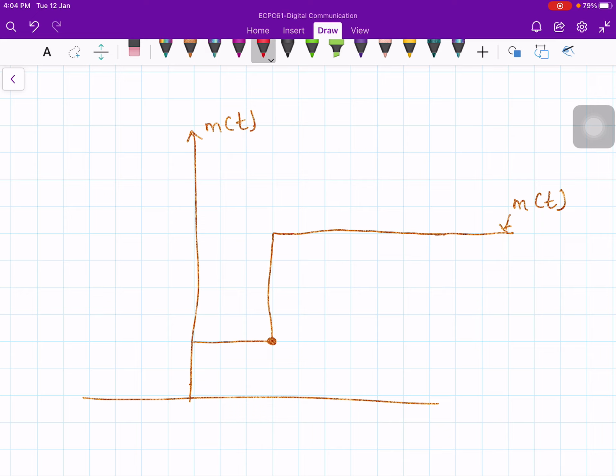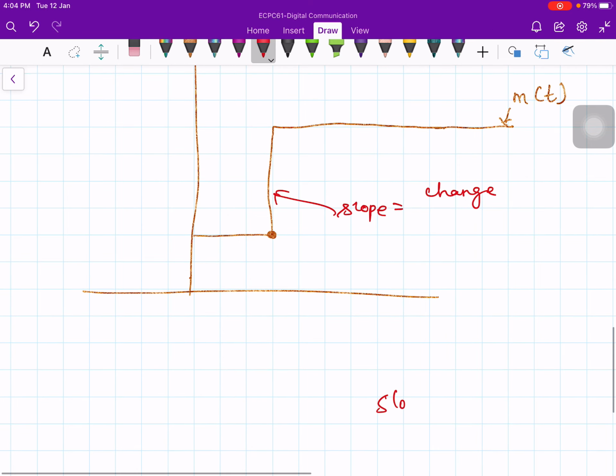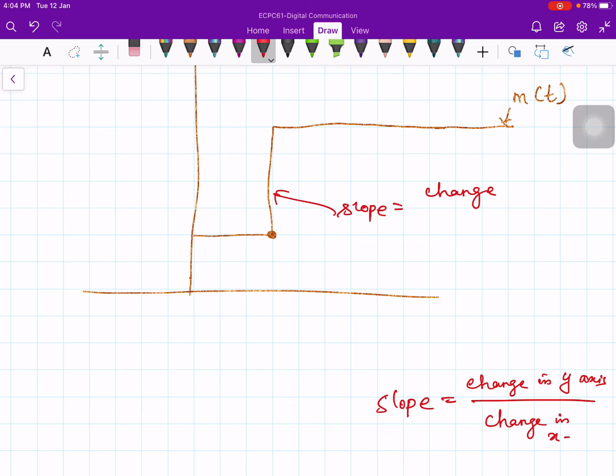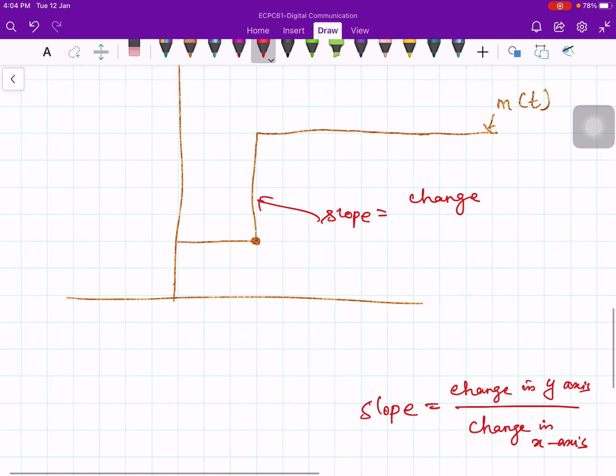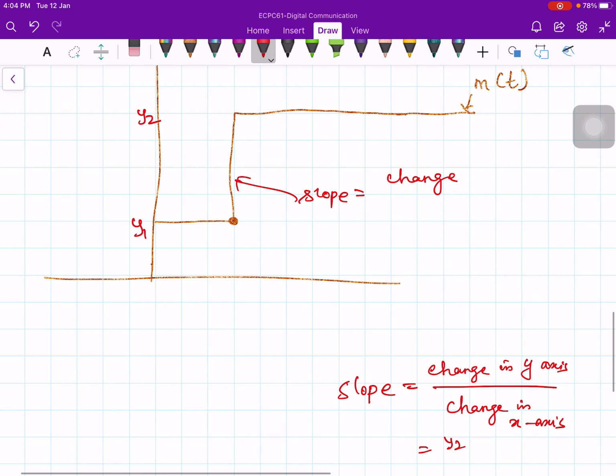Now what is the slope at this point? Slope is the change in y-axis divided by the change in x-axis. Let's say this point is y1 and this is y2, so the change in y-axis is y2 minus y1.